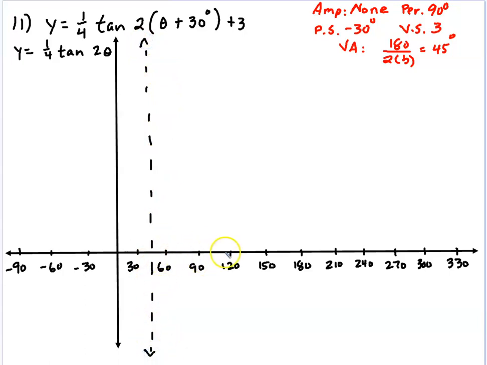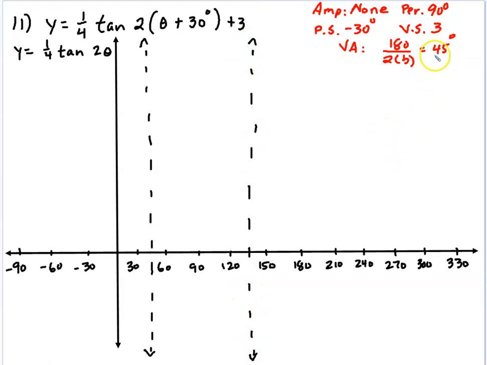And then we would do odd multiples of this. So 45 times 3 would be another vertical asymptote. That would be 135. Just a rough sketch. These are going to be all moved.